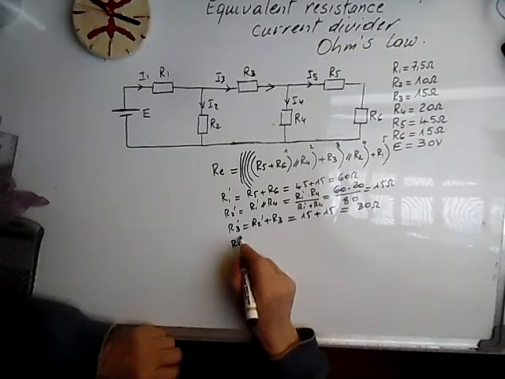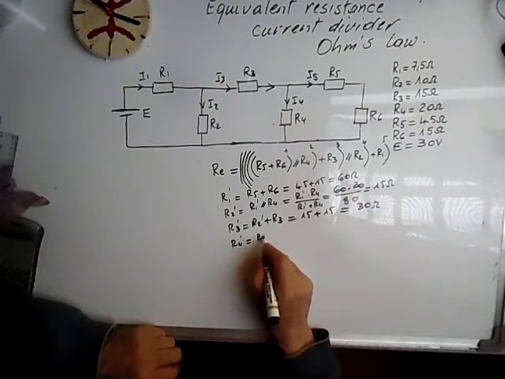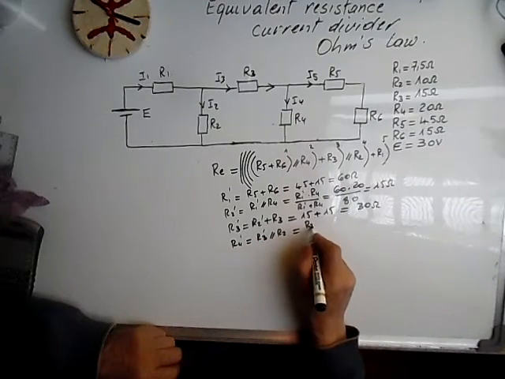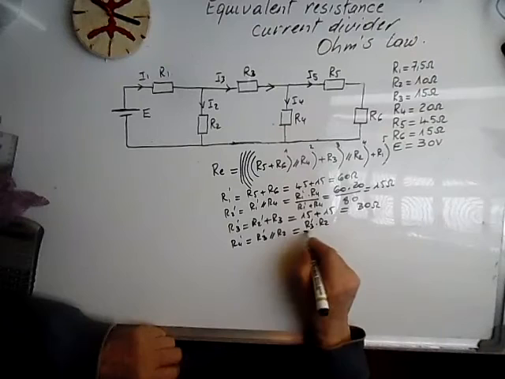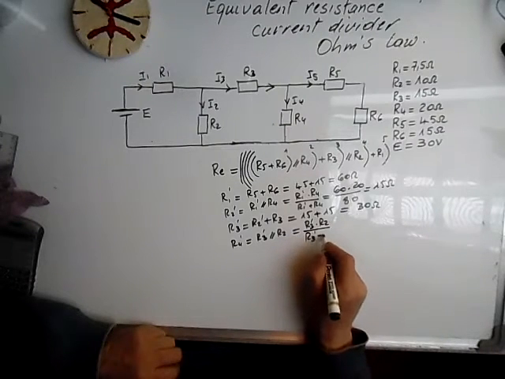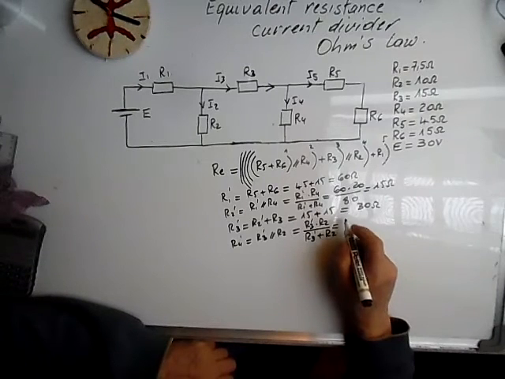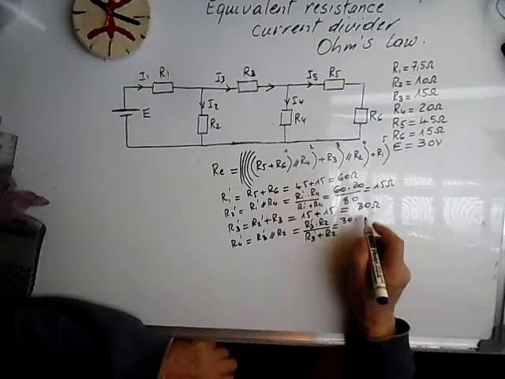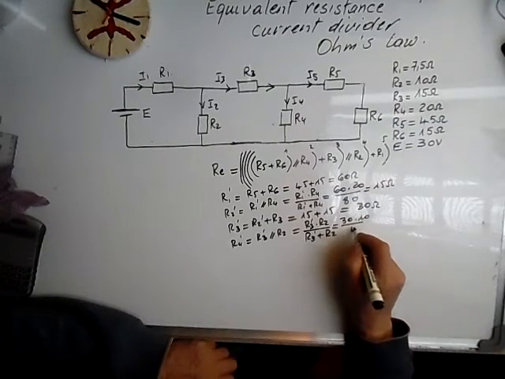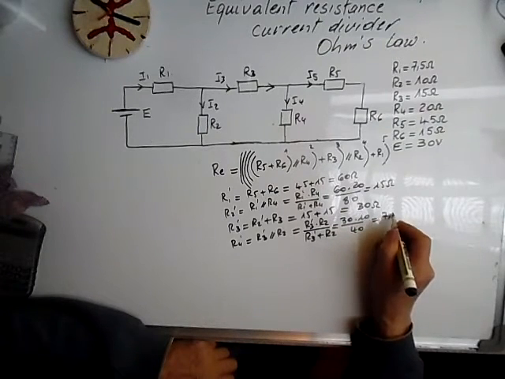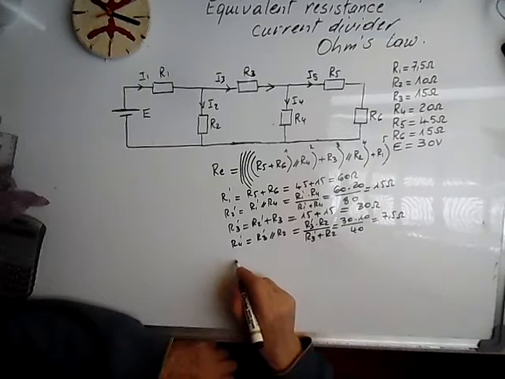R4 prime is R3 prime in parallel with R2. This is R3 prime times R2 over R3 prime plus R2. It means that we have 30 times 10 over 40, and this gives us 7.5 ohms.